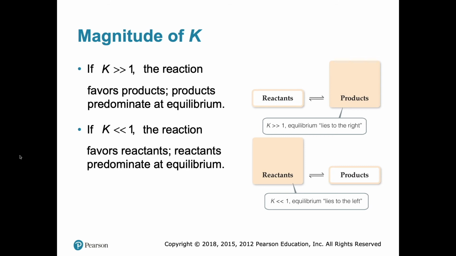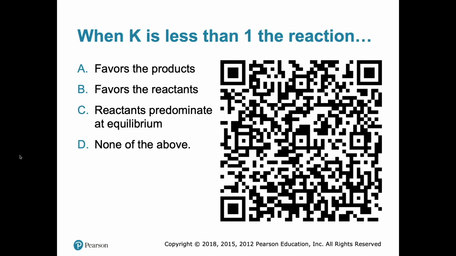Just remember, greater than 1, mostly products. Still equilibrium, but still mostly products. Less than 1, mostly reactants. Okay? Remember that. Oh, dang, I just asked you the question that I said I was going to ask you. When a K is less than 1, the reaction is what?